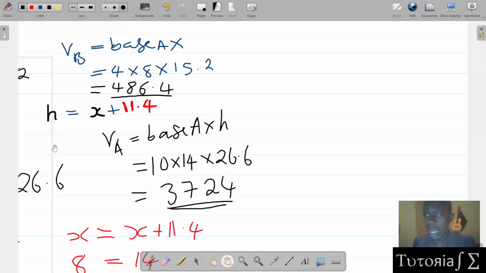All right, so as we can see, this is the volume of the small pyramid, and this is the volume of the big pyramid. I can in fact completely delete this. We have no use for it.